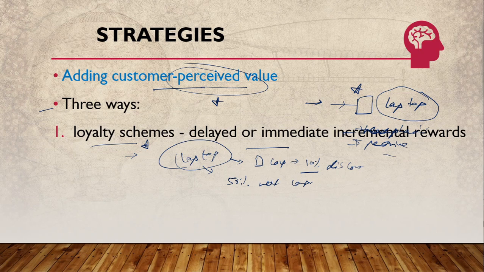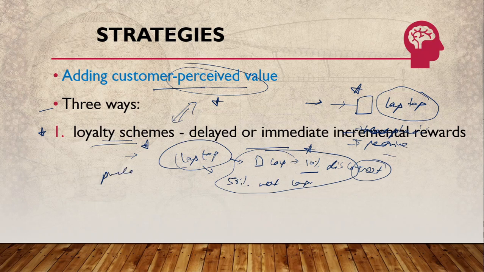So these are some of the schemes. This is a loyalty scheme where you are rewarding the customer based on the next purchase he is doing. You might have seen these types of schemes that are generally used by companies. They are doing it because they are adding to the customer perceived value. They are adding more value to what the customer gets on the purchase done by the customer.